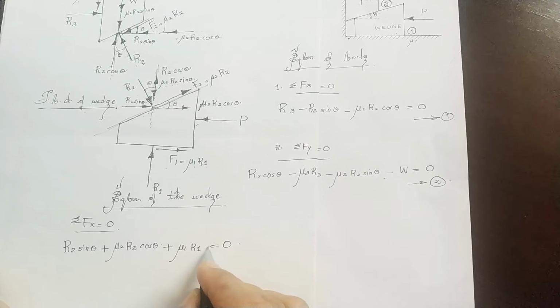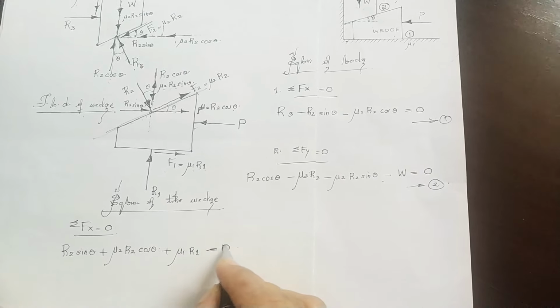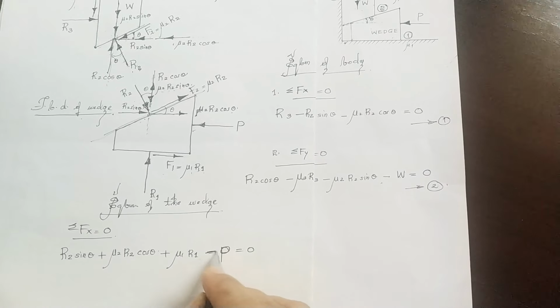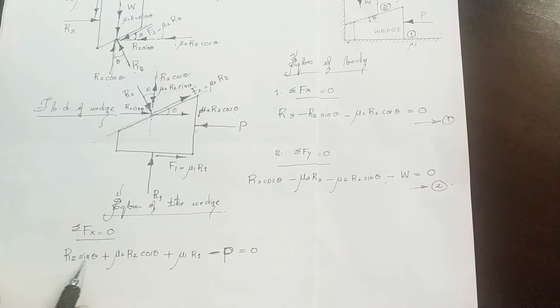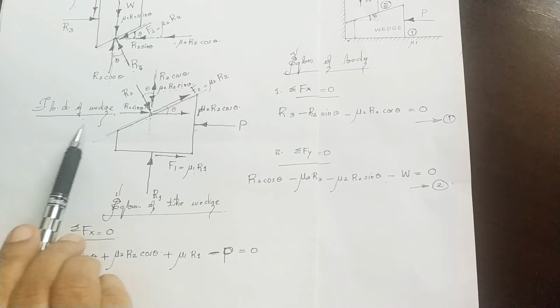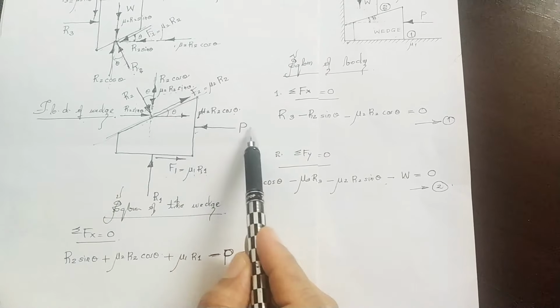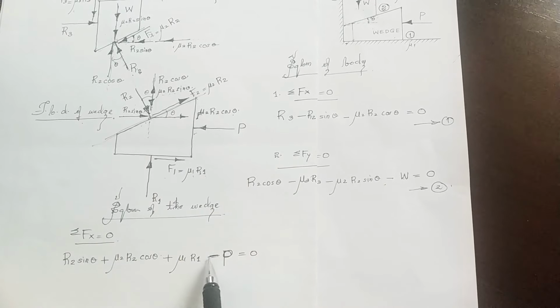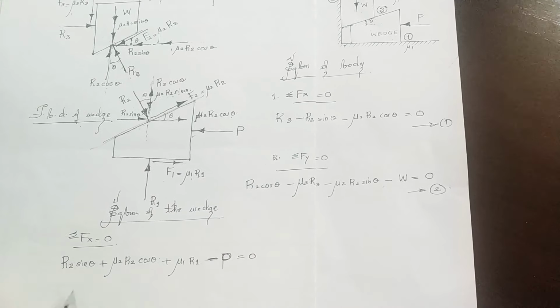Well, did we miss out the most important force? Minus P is equal to 0. So once again, R2 sin theta plus mu2 R2 cos theta plus mu1 R1 all acting towards the right, and P acting towards the left. So it is like minus P is equal to 0.